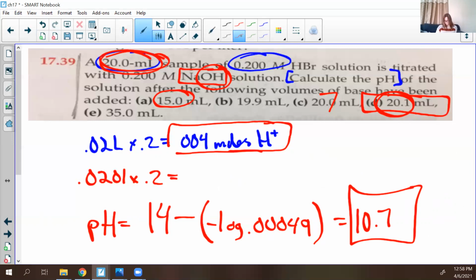Does that number make sense? Yeah, we're just barely in excess of base, so it is basic. It's not super basic like a 14 yet. If we did 35, we'd end up with probably like a 13.2.